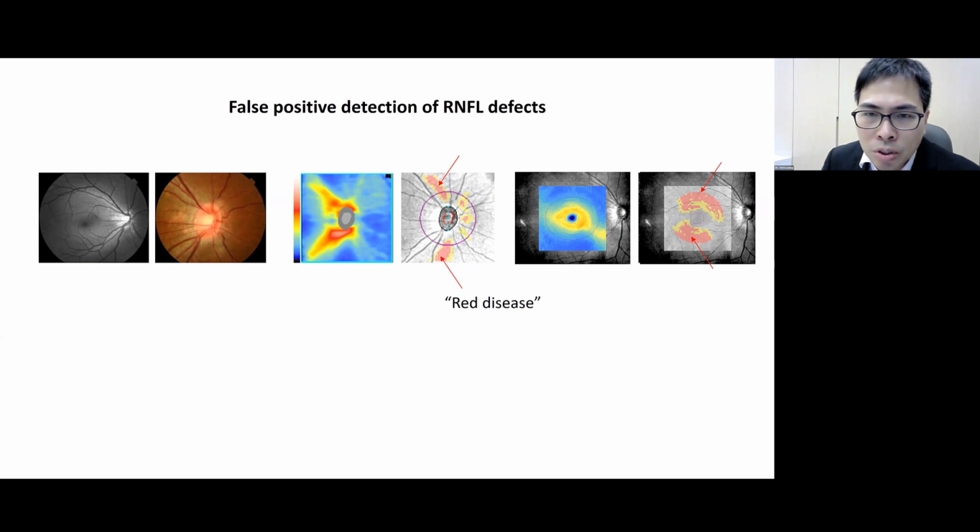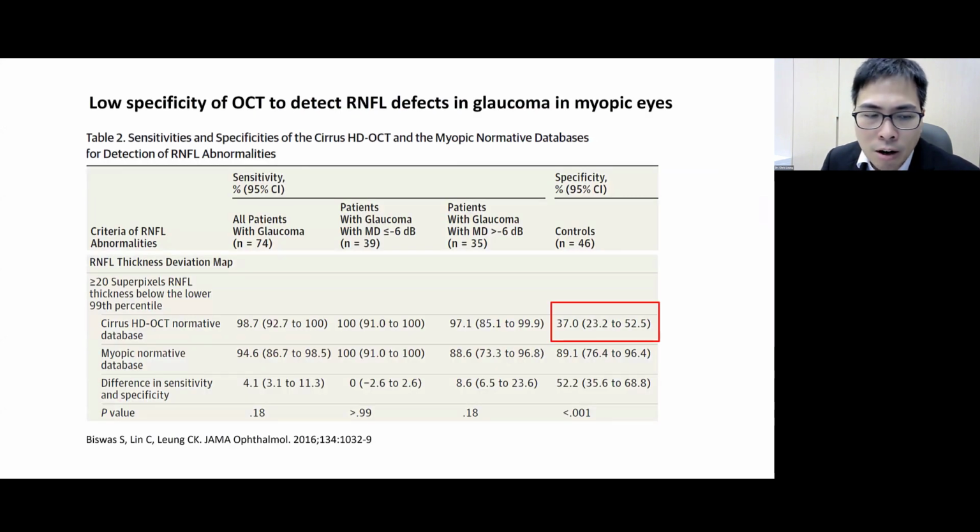The OCT normative data was largely collected from eyes without myopia. So if we are using non-myopic eyes as reference to gauge abnormalities in myopic eyes, this is not going to be good. This always leads to non-specific detection of retinal nerve fiber abnormalities.